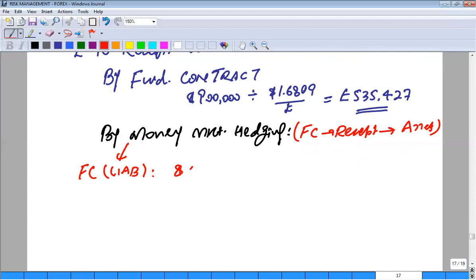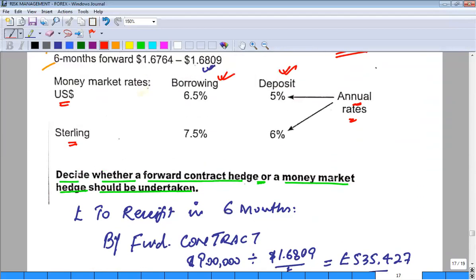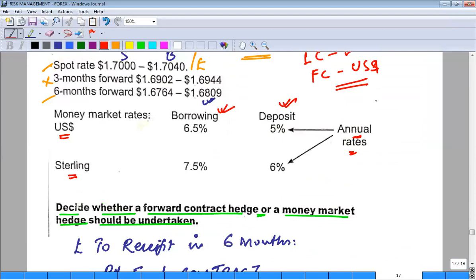So foreign currency exposure is $900,000. We have to make a liability that after 6 months becomes 900,000. Foreign currency is US dollar, local currency is sterling. Borrowing rate 6.5%. 6.5 into 6 divided by 12, that is 3.25% in 6 months.